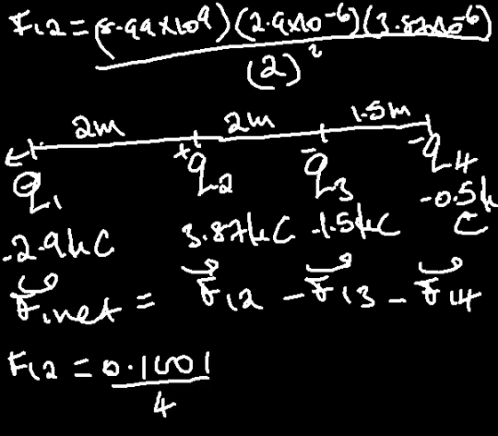We have it as 4, in newtons. So we'll have that divided by 4, and now we have it as 0.025 newtons. That is F21, and keep it safe.